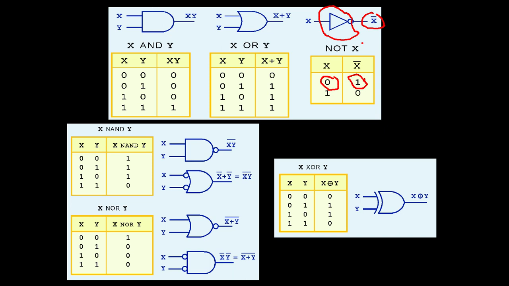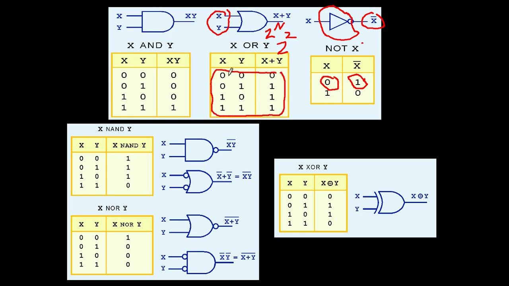So what do we have as input? Here I have 2 inputs, X and Y. How many possible combinations can I have? How do we calculate that? We do 2 to the power n, where n is the number of inputs. So 2 to the power 2 gives me 4, and here I have 4 possibilities.